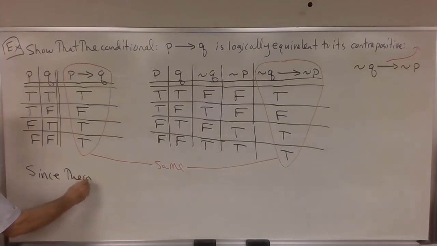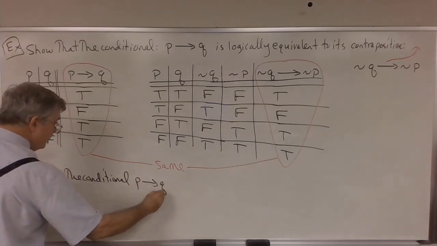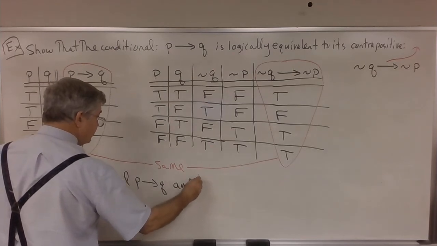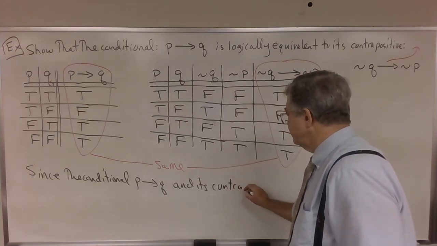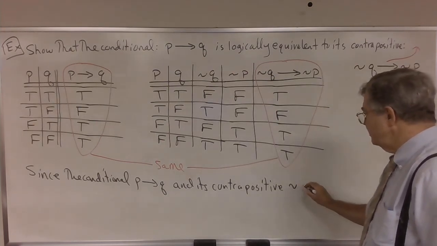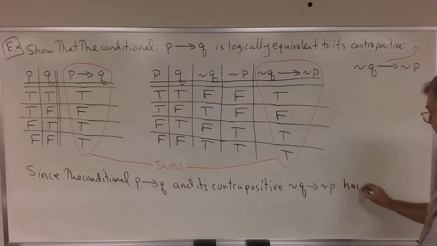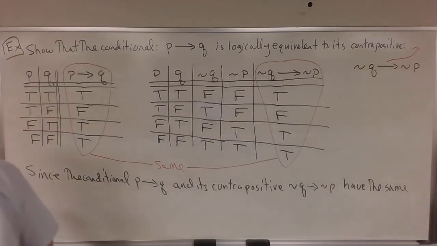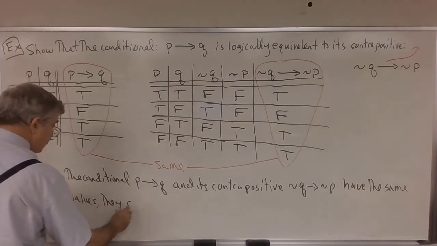Since the conditional P implies Q and its contrapositive not Q implies not P have the same truth values, they are logically equivalent.